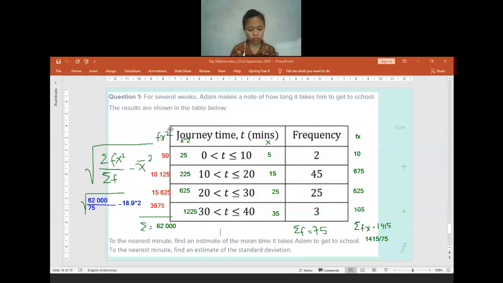How many will it be in total? 50 plus 10,125 plus 15,625 plus 3,675. Is it 29,475? Or maybe I mispressed my calculator too?